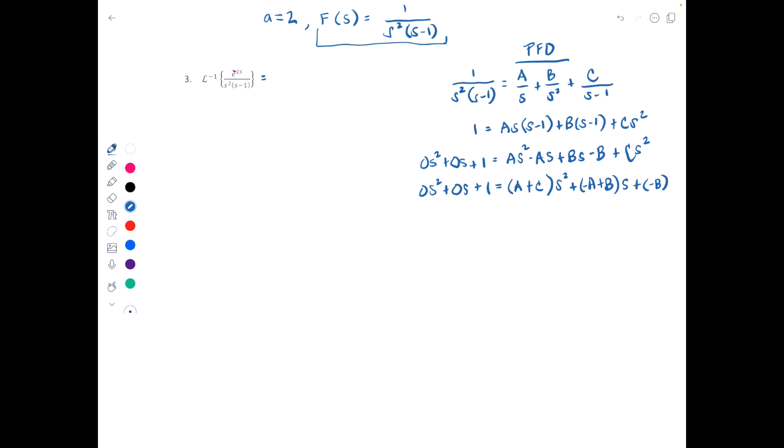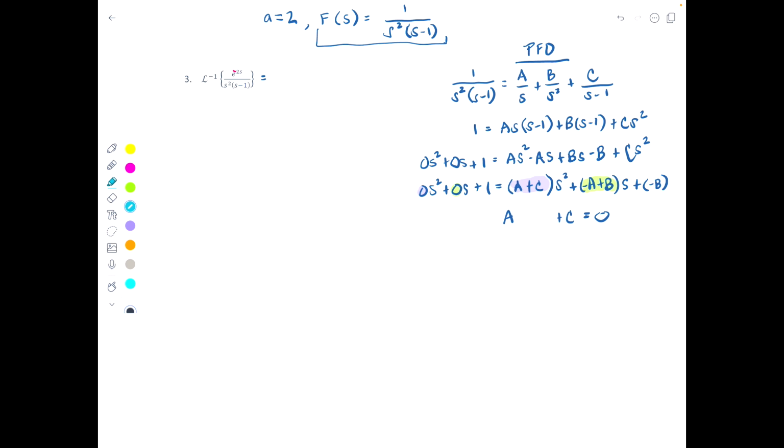So that gives us a plus c is 0, because remember we match coefficients, and we have 0 in front of that s squared. And then we have negative a plus b equal to 0 because that's the coefficient in front of s.